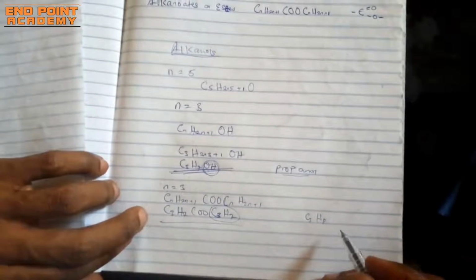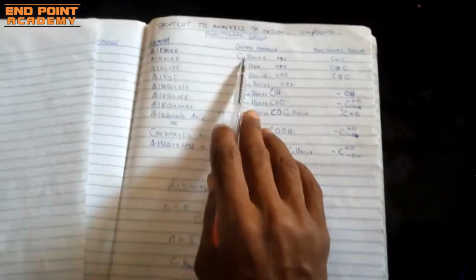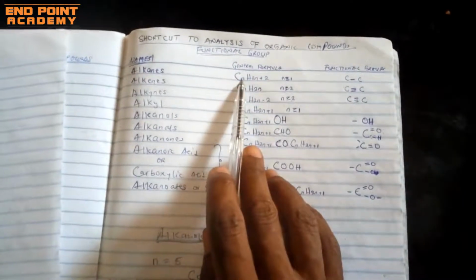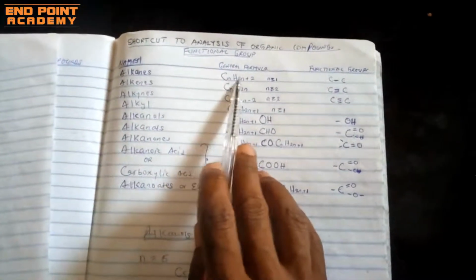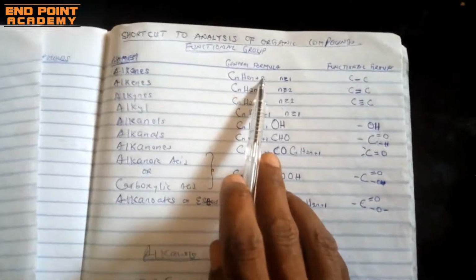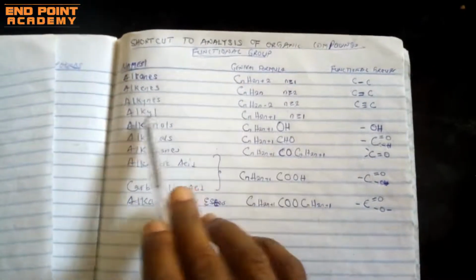For 3 carbon atoms, the alkane is supposed to be C3H8. Why? Alkanes are given by CnH2n+2. Now if n is equal to 3, this is C3, 2 times 3 is 6 plus 2, 8. So when an alkane loses one hydrogen atom, it becomes an alkyl.